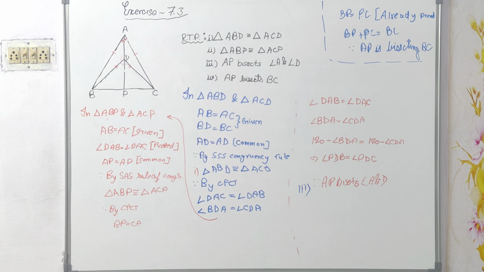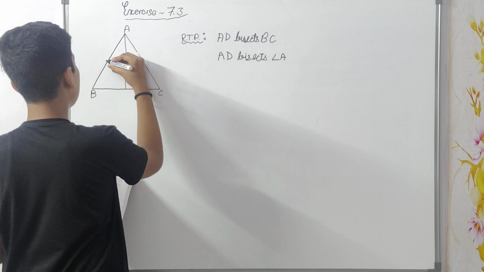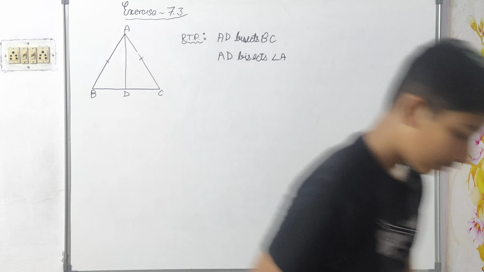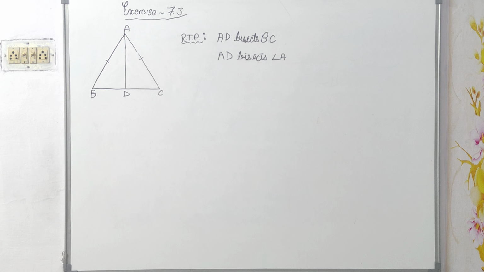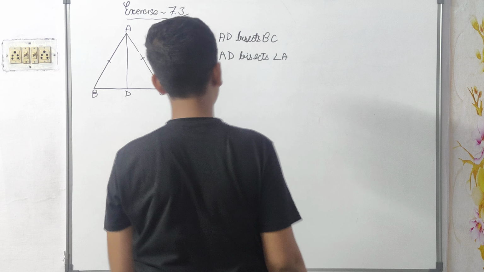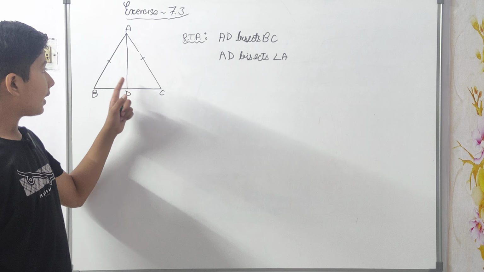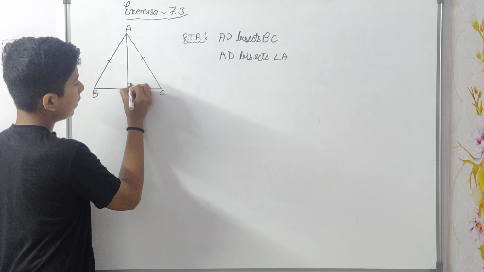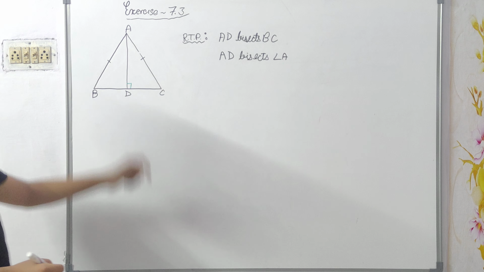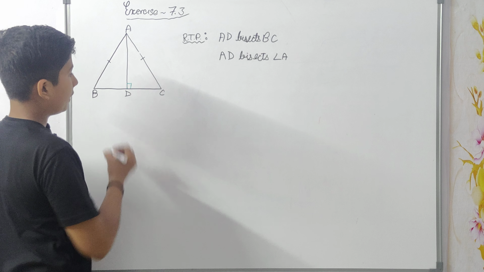Okay, and now it is shown that its name is ABC, in which AB equals to AC and this point is D. Wait, my cap is fallen down. So yes, I have picked up my marker. I have closed its cap. So now let's come. It was saying that AD is altitude, and we always know that altitude creates 90 degree on a triangle. So this is 90 degree.